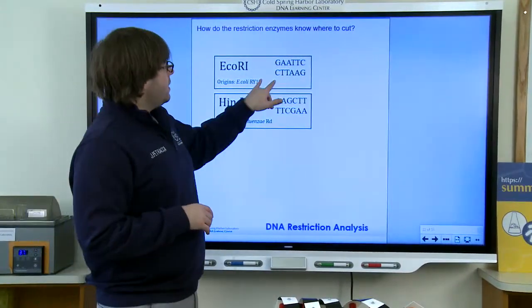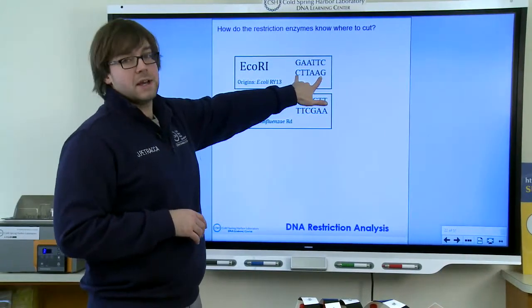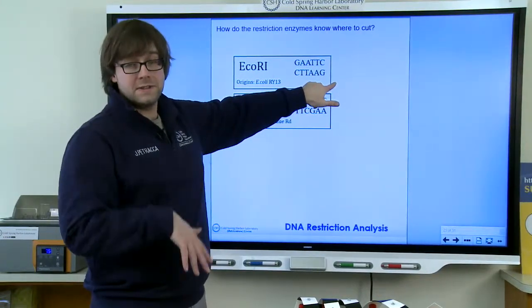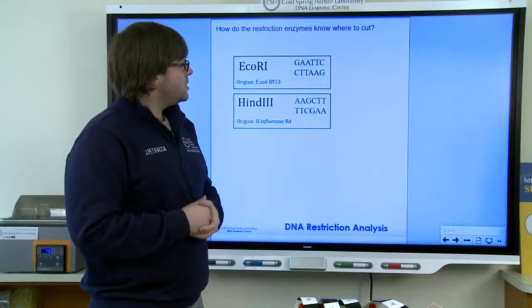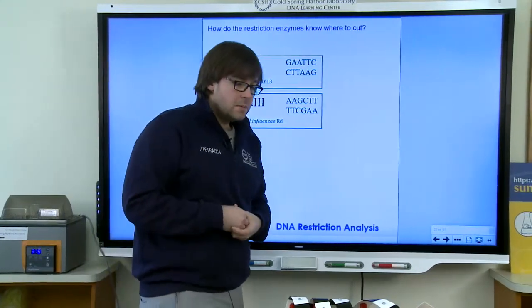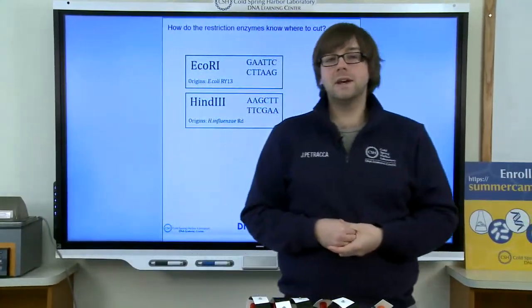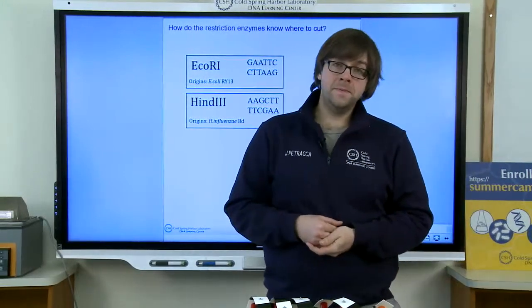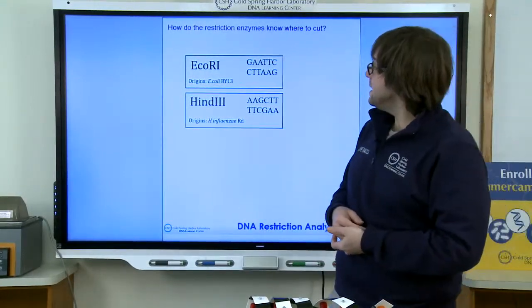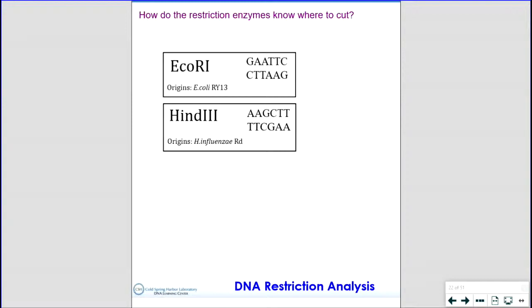More importantly, though, these are type 2 restriction enzymes. I told you there are hundreds of different restriction enzymes. But I want you to take a look at the specific sequences that these restriction enzymes identify and cut at, and tell me if you can see something specific about the way those sequences are structured.